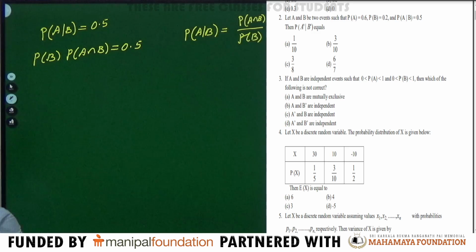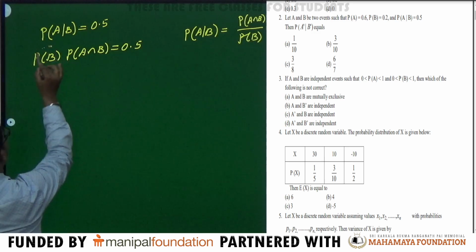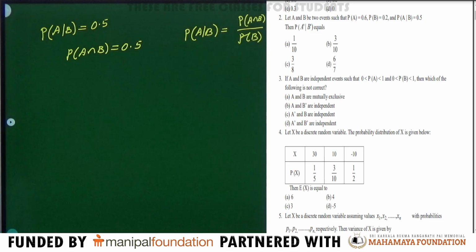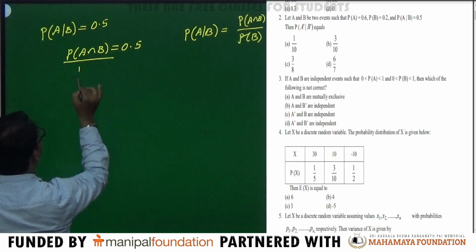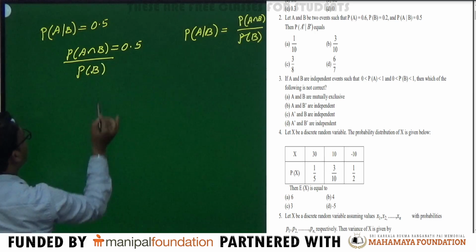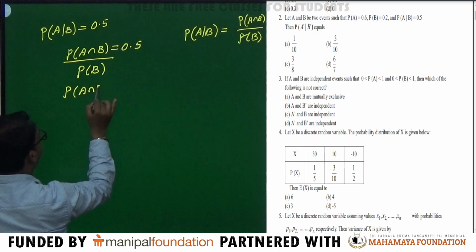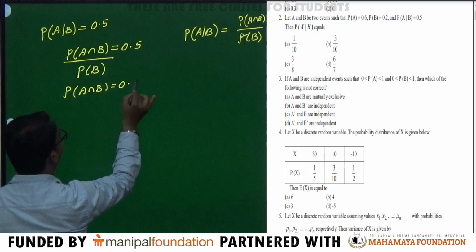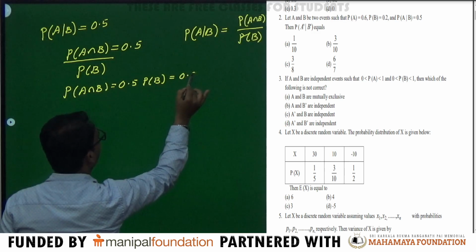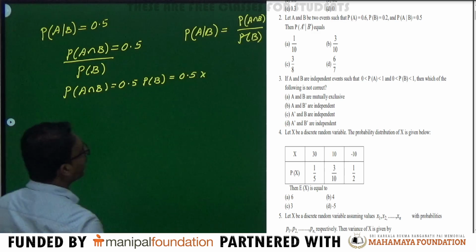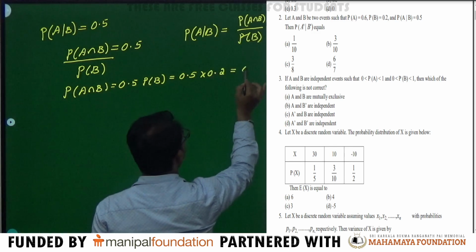Therefore, we will get probability of A bar B is equal to probability of A intersection B upon probability of B is equal to 0.5. Therefore, probability of A intersection B is equal to 0.5 times probability of B. It is equal to 0.5 into the probability of B value 0.2. It is equal to 0.1.